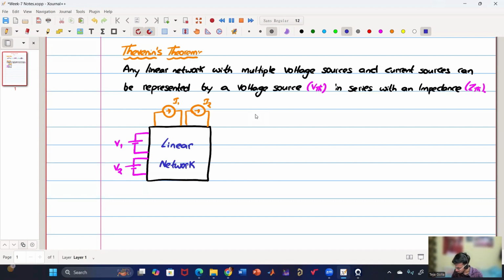So now we have a load. We have a load, say ZL. Okay, and the terminals I'm naming as A and B. So now the entire circuit that is connected to the ZL can be represented something like this.